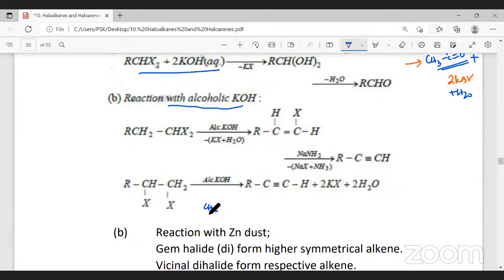We'll take R as CH3. You have CH2 and CH, and here it is bromine and here it is bromine. Now, when this is allowed to react with alcoholic KOH, dehydrohalogenation has to take place. One halogen and a hydrogen are removed; from the same carbon atom, hydrogen cannot be removed. When they get eliminated, what do you get?